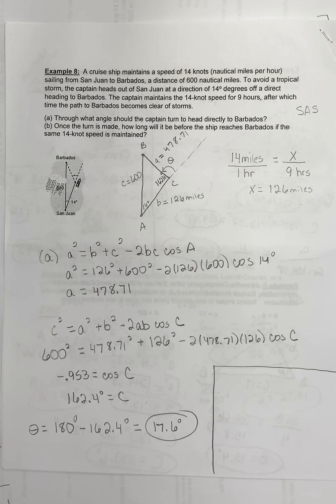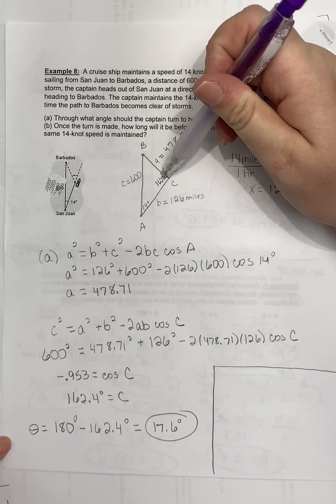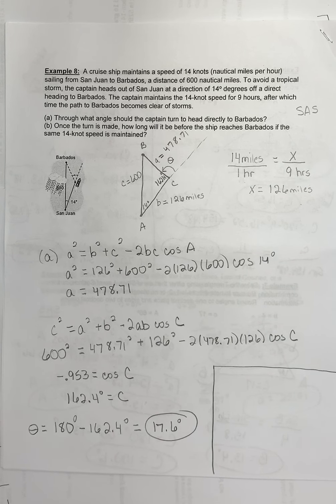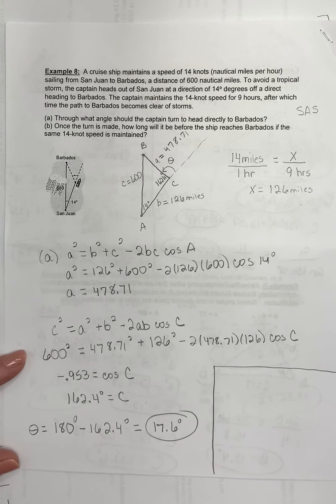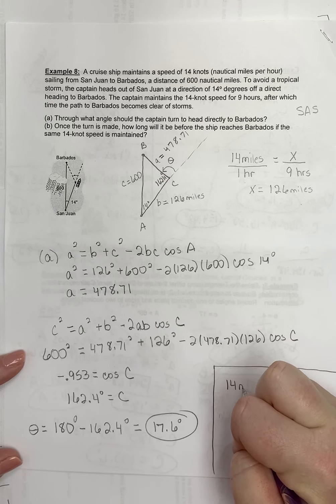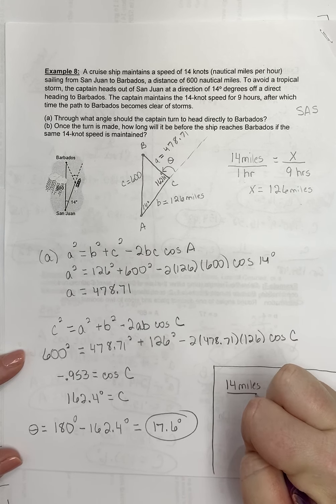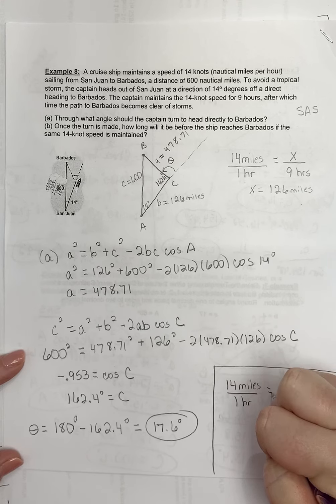Okay, brings us to B. So once that turn is made, how long before the ship reaches Barbados? Okay, good question. All right, so we know the mileage. What we want to know is how many hours that's going to take. Well, we're going to go back to our trusty proportion. We know that the ship is traveling 14 miles in 1 hour.